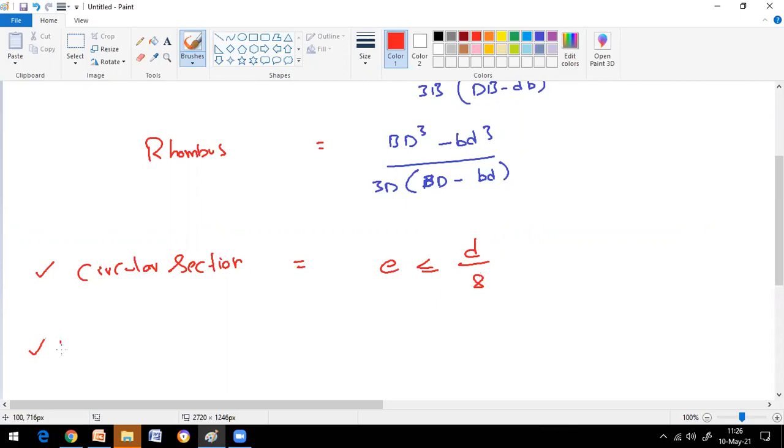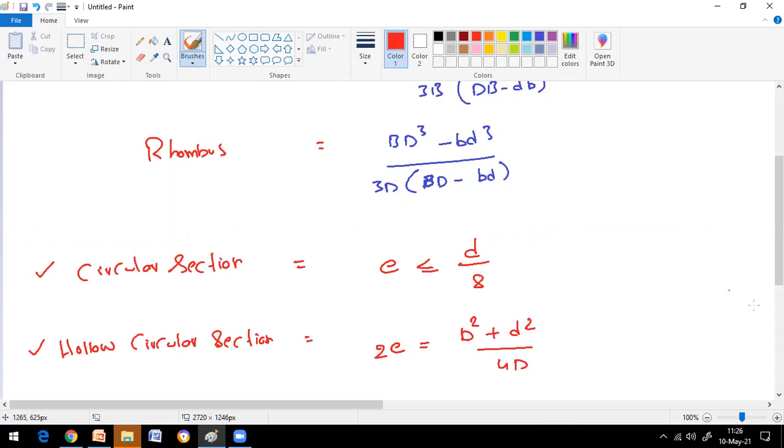Okay, for a hollow circular section, E is equal to (D square plus small d square) by 4D. Okay, so these four are very, very important.